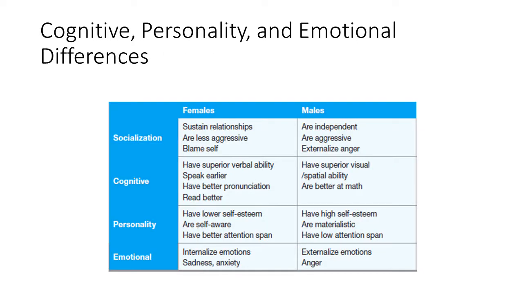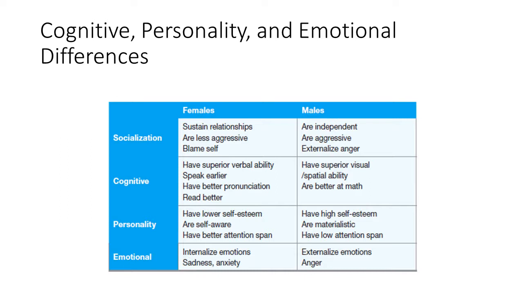Cognitive differences. It's a nice little chart, kind of condensed from the reading material, but let's go into it a little bit more expansively. There are also differences in cognitive abilities between males and females, and it starts in childhood. Psychologists have noted significant cognitive differences between boys and girls that may affect their antisocial behavior.